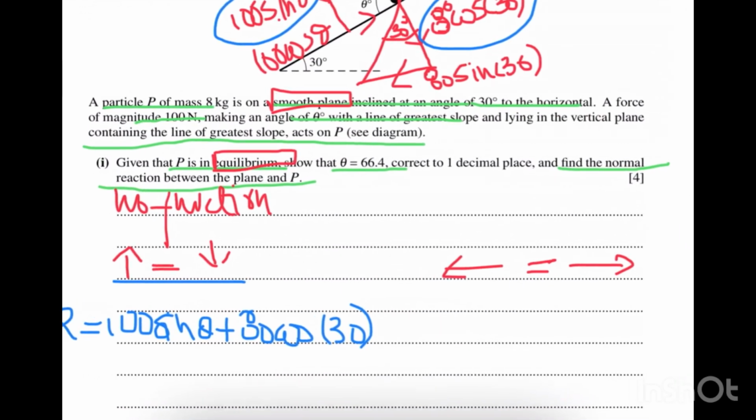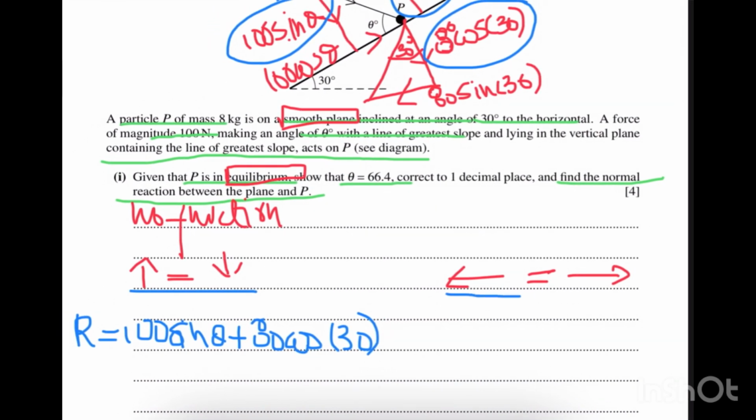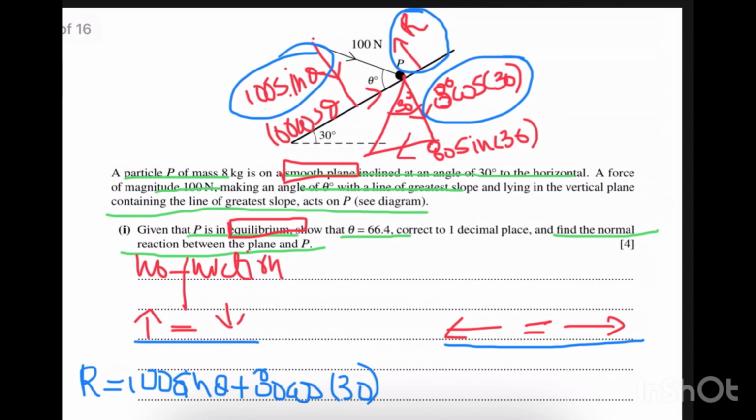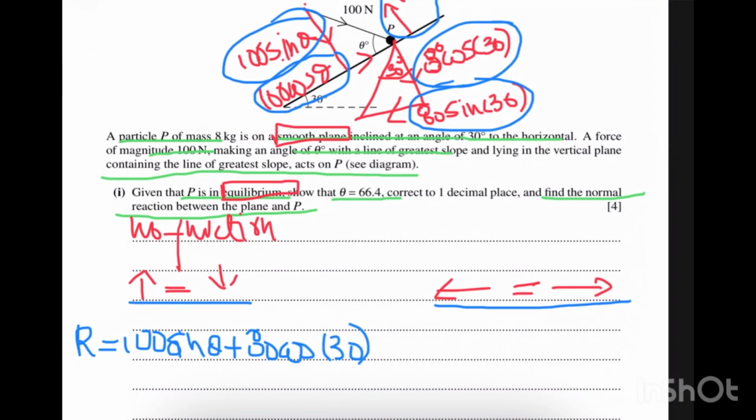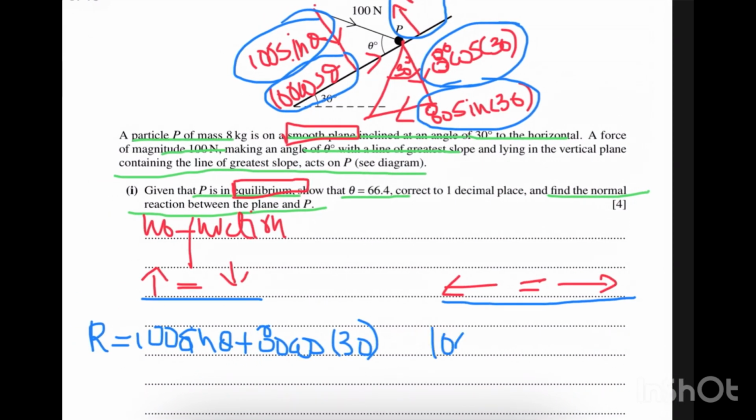And for the second part, this 100 cos theta force must be equal to the 80 sine 30 force, since they're acting in opposite directions. So 100 cos theta equals 80 sine 30.